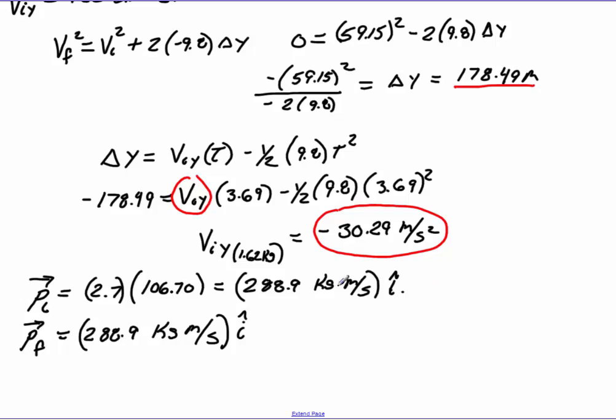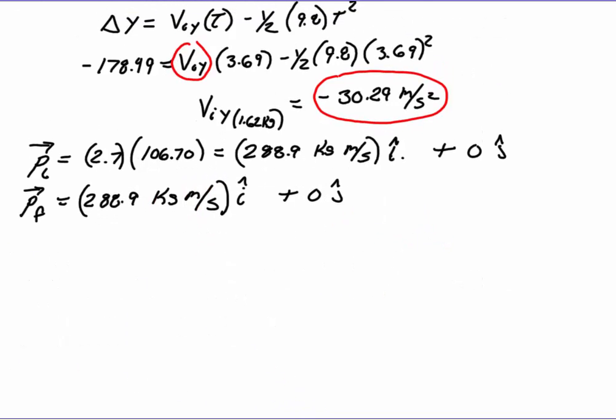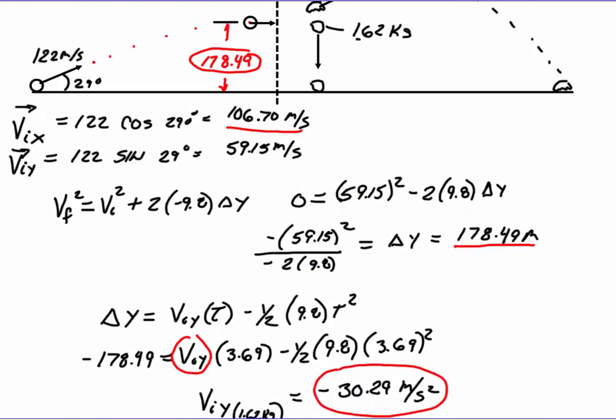Now we know also initially we had 0 in j hat in the y direction, so it must be 0 in the j hat afterwards too. Alright, so now we can find out what the velocities are going to be. We take the 288.9 kilograms times meters per second. We're going to set that equal to what our final is going to be.